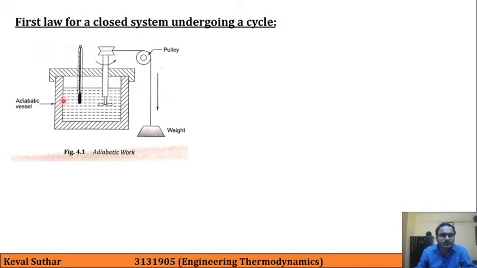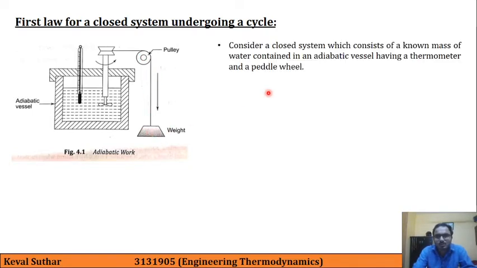Inside this vessel we are having water, and we have provided a thermometer along with a paddle wheel, which is being run by lowering this weight via pulley. So consider a closed system which consists of a known mass of water contained in the adiabatic vessel having a thermometer and a paddle wheel.